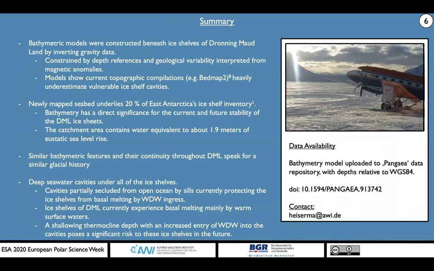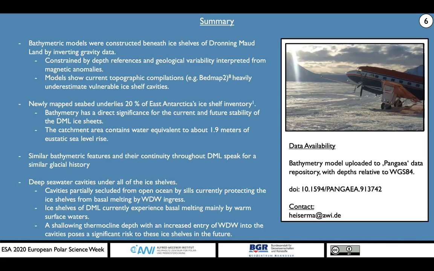With a similar average thermocline depth and gateway depth, only small amounts of warm deep water currently creep into these cavities. So one could say that these sills currently protect the ice shelf bases from basal melting by warm deep water ingress.